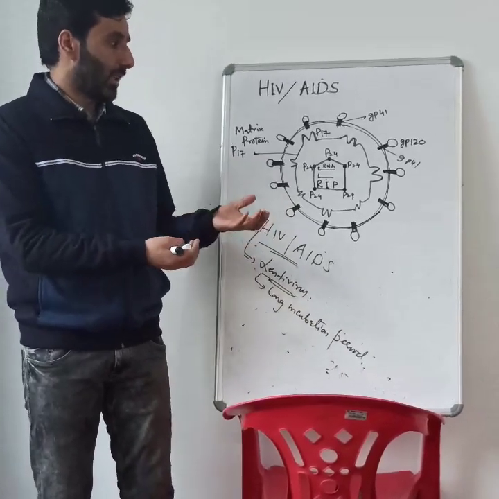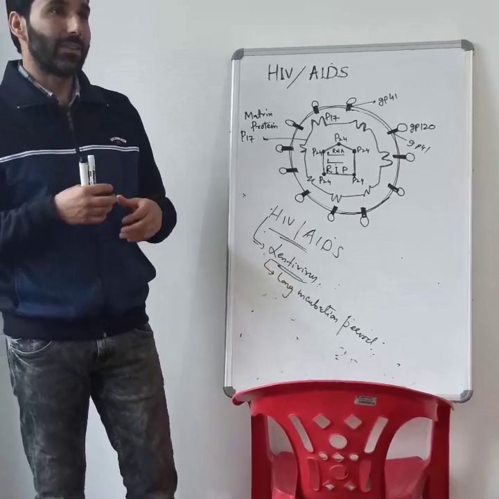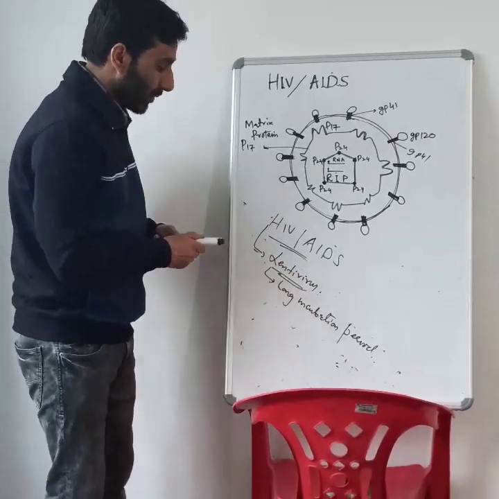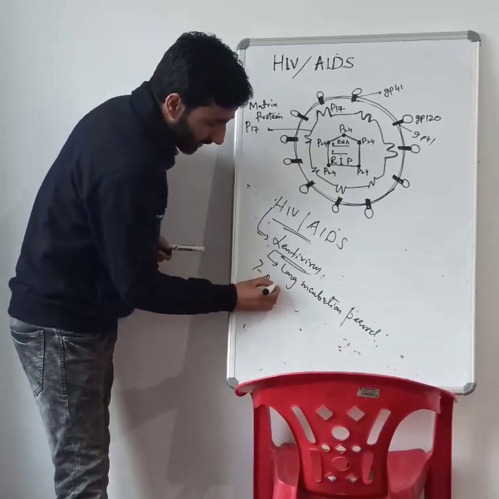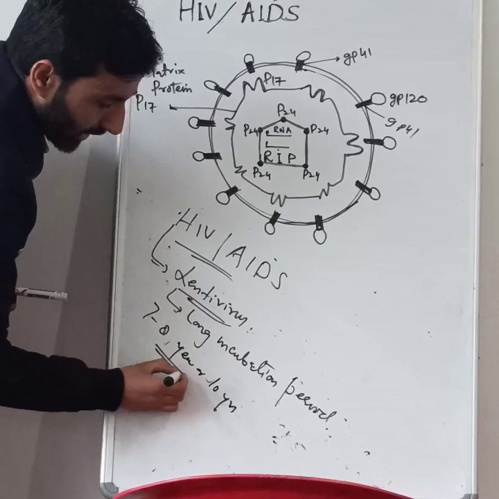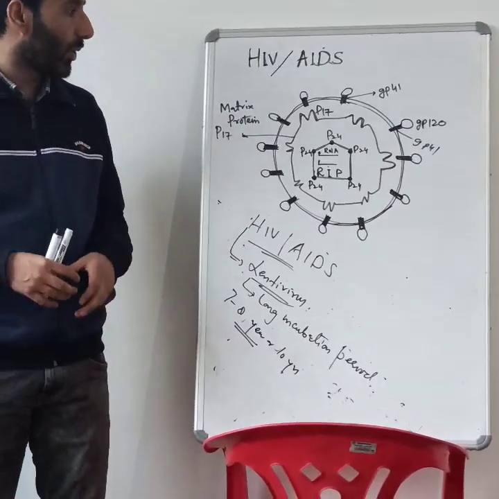After getting infected, this virus will remain silent. It will not show symptoms for up to 7 to 8 years, or sometimes 10 years. So we can say it will take about 7 to 8 years to fully grow into AIDS.